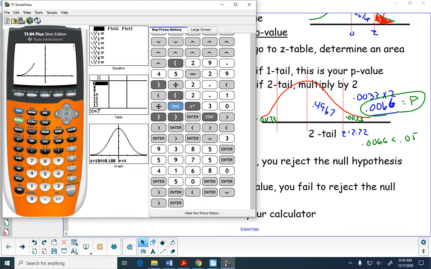Hit enter. And what you get is a nice little bell-shaped curve. What you also get is your z-value that we calculated for this, 2.72, and also your p-value, 0.0066.